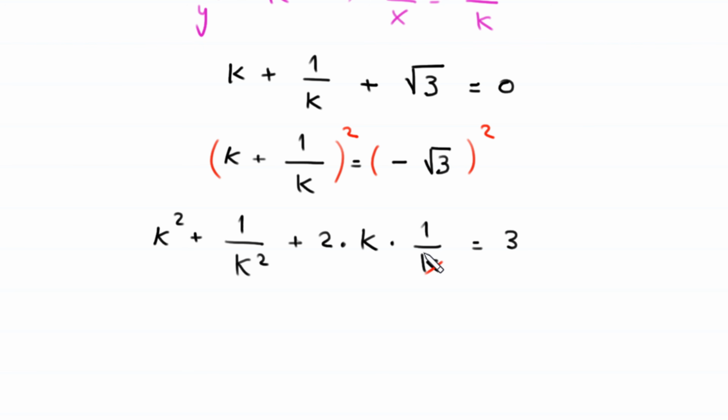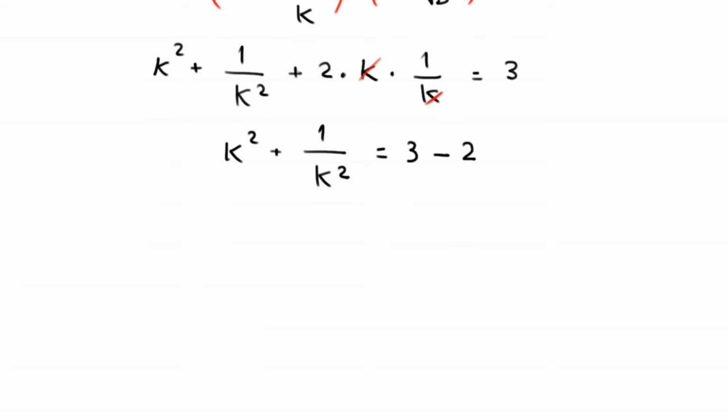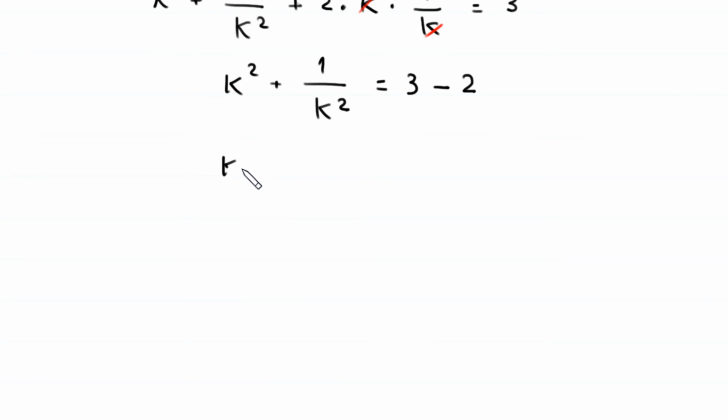This k will be cancelled out with this k, and we are left with k squared plus 1 over k squared equal to 3, and this 2 will become negative 2 on the right hand side. Next, k squared plus 1 over k squared equals 3 minus 2, which is 1. Let's call this equation number 1.